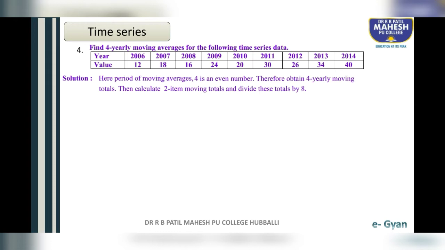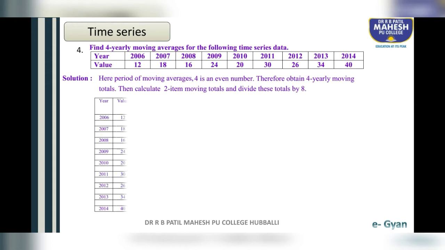After finding the 4 yearly moving totals, in the next column again you have to add the 2 item group total. After adding the 2 values, next divide by 8, that is for trend values.